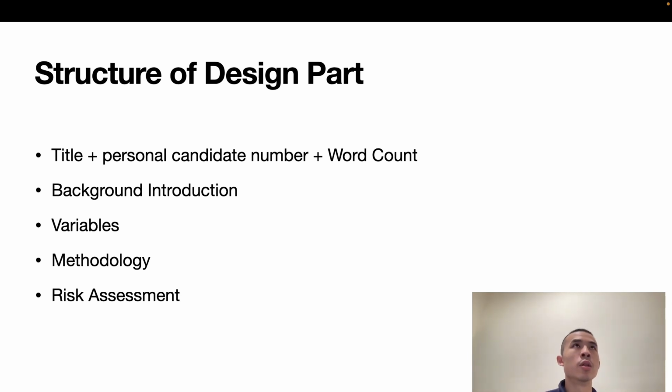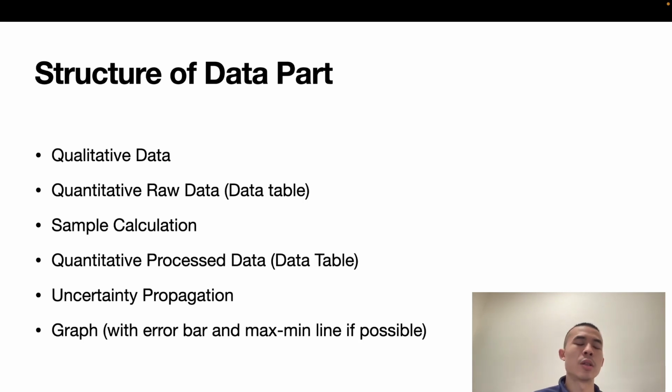Then you want to introduce your methodology, how you're going to do this experiment, what the procedures are, etc. And then it's going to be the risk assessment, which includes the safety concern, environmental concern, and also the ethical concern if there are any. I'll talk about these in detail in the next clip. I'll talk about the structure first, then move on to the data part.